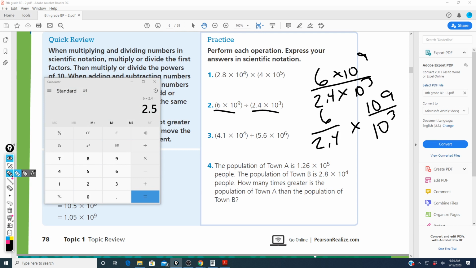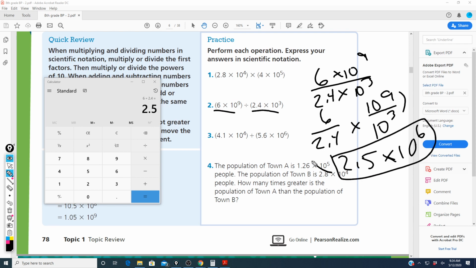And when we subtract our exponents, it leaves us with 10 to the sixth. 2.5 times 10 to the sixth is the answer for number 2.